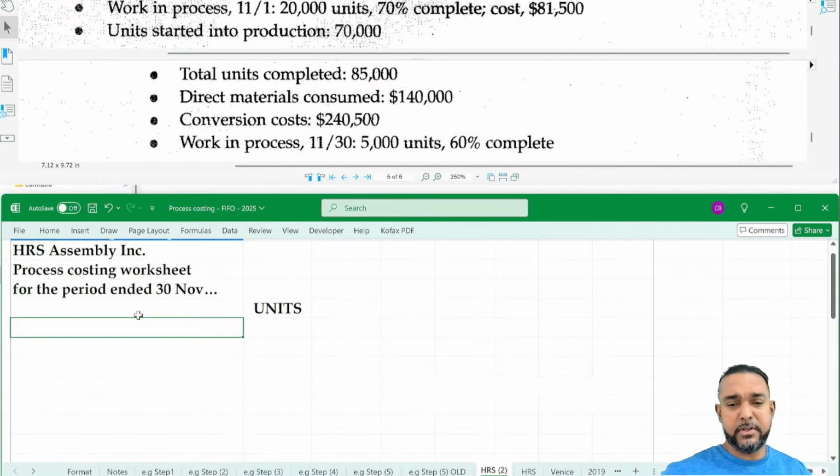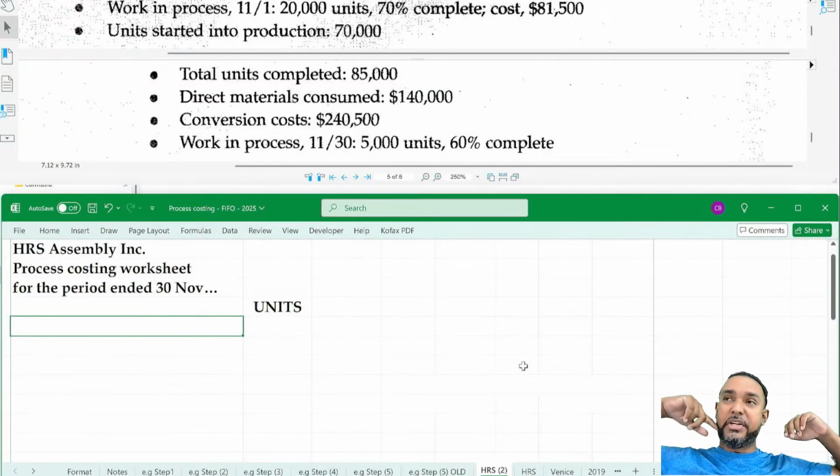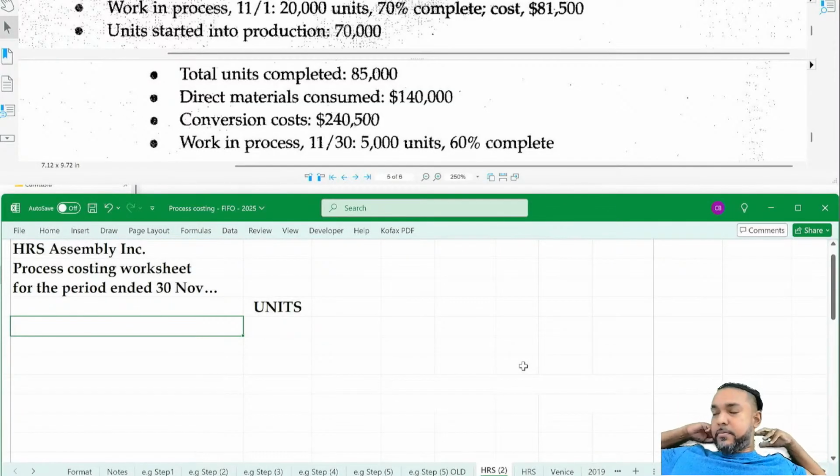Again, you can process cost in a worksheet or production cost report, whatever they call it in the question, use that same phrasing, right?